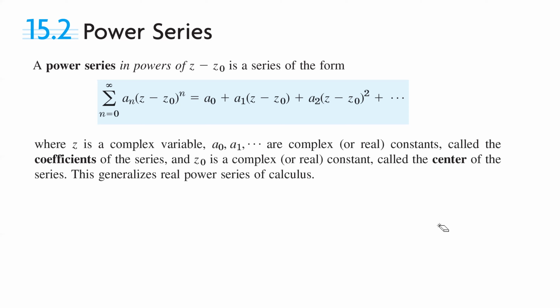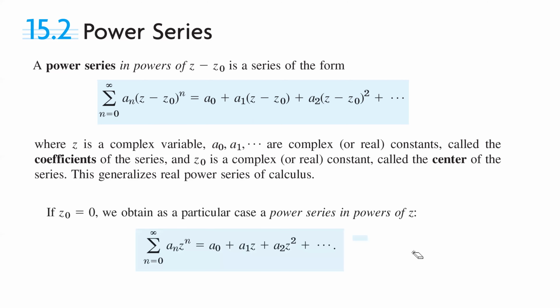A naught, A1, A2, and so forth are complex or real constants called the coefficients of the series, and Z naught is a complex or real constant called the center of the series, or we can say expanded around Z naught. This generalizes the real power series of calculus, exactly the same but generalized to complex numbers.